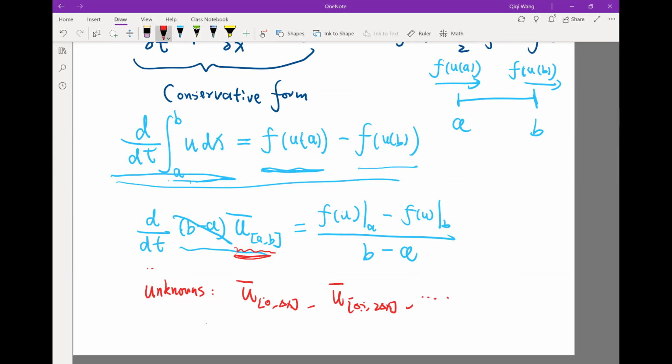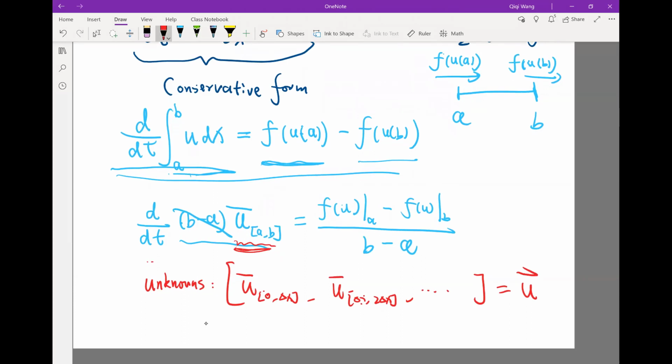And so this would be my vector u, the vector of unknowns in my ordinary differential equation. So I have to write down du dt, which is the time derivative of these averages, as what, in order for me to be able to solve this ODE?